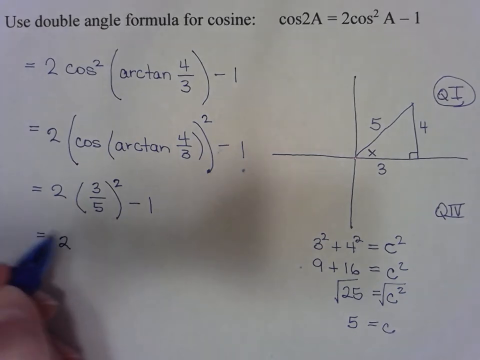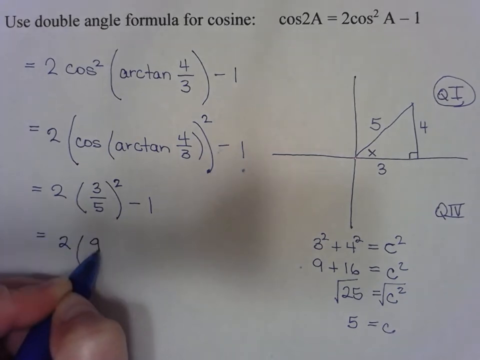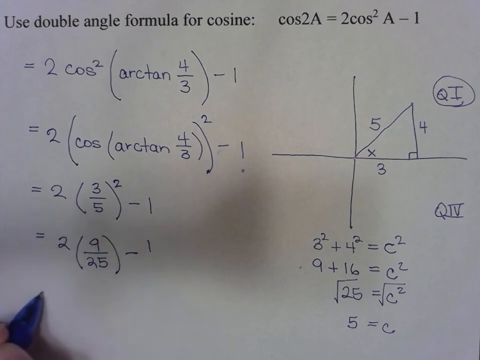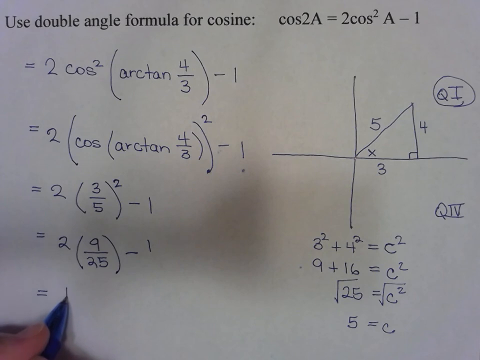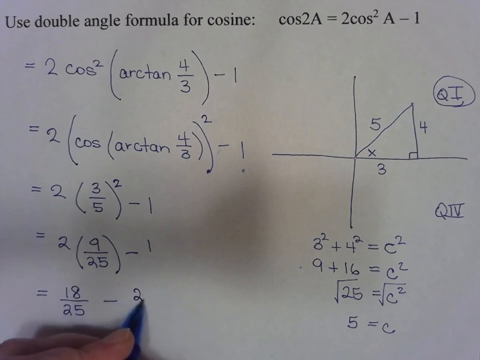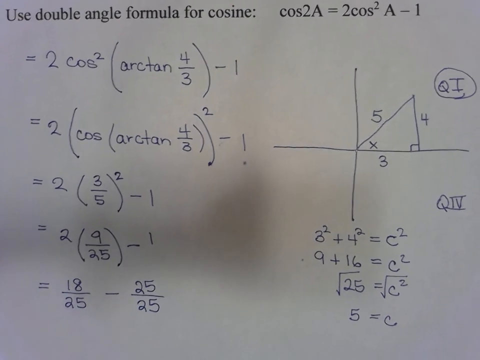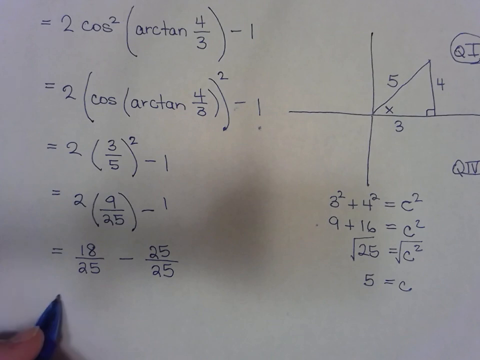So that ends up being 2 times 9/25 minus 1. So that's 18/25 minus 25/25. 18 minus 25 would be negative 7/25.